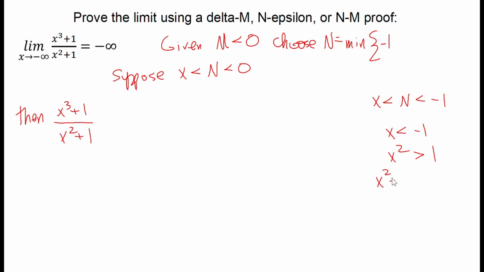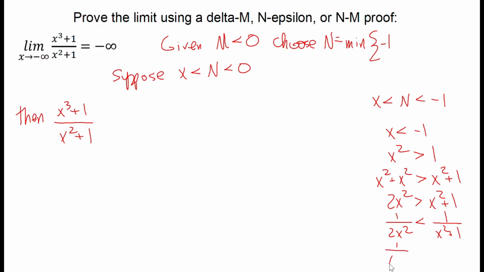Last time we just added an x to both sides. But if I add an x squared to both sides, I get 2x squared is greater than x squared plus 1, which means that 1 over 2x squared is less than 1 over x squared plus 1, or that 1 over x squared plus 1 is greater than 1 over 2x squared.